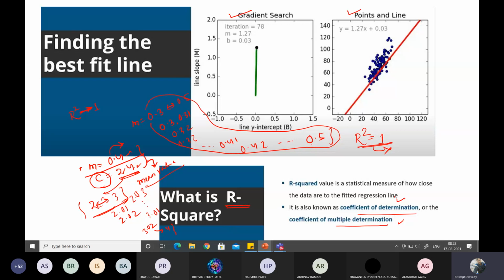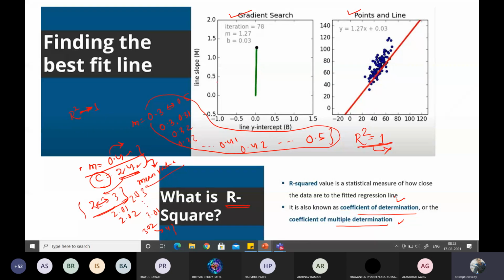Any straight line equation which gives us an r square close to 1, we can choose that one as the final regression line. For how to find out these m and c values, those techniques are also there in gradient search.